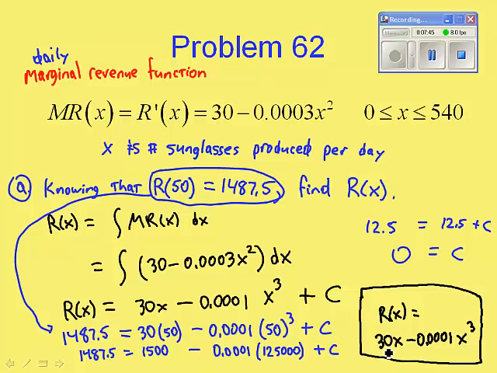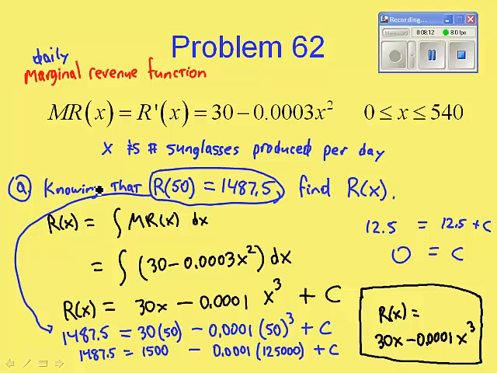Looks like they're charging about $30, right? And then they subtract a very small amount. Although that amount gets more and more significant if x gets bigger and bigger. So for some reason, your revenue goes down when you start talking large numbers of sunglasses. And I'm not sure why. The business, what's behind that model there, but that's the idea.